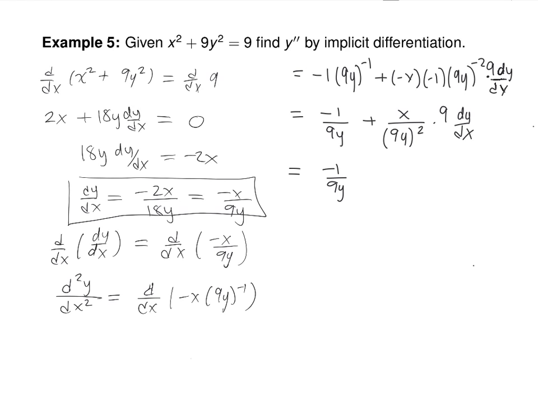So negative 1 over 9y plus x over 9y squared dy dx. Do you see that what I did was I said there was that 9 squared in the bottom and I canceled it with the other 9 from the numerator? Yeah, okay. So now here is the tricky thing about this. You have your second derivative that involves dy dx.